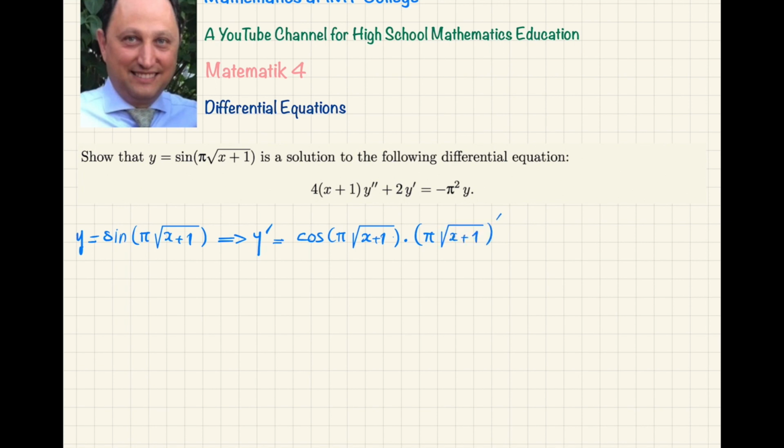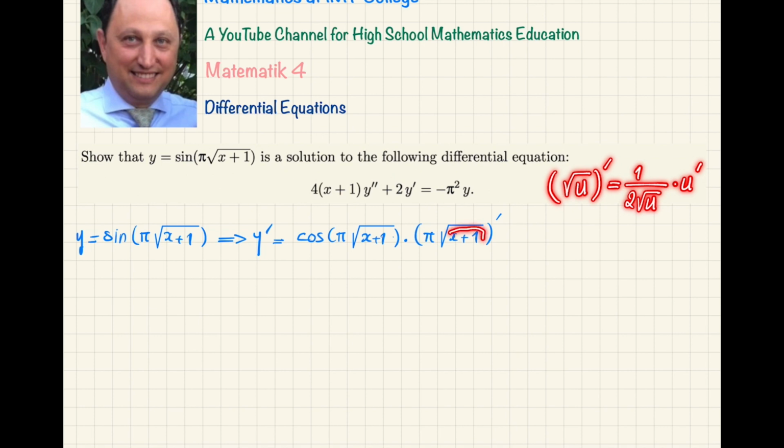Here I have a constant pi, so I can take it out from the derivative. But this is a square root of a function, and if I want to differentiate it, it becomes 1 over 2 square root of the same function, multiplied by u prime because of the chain rule.